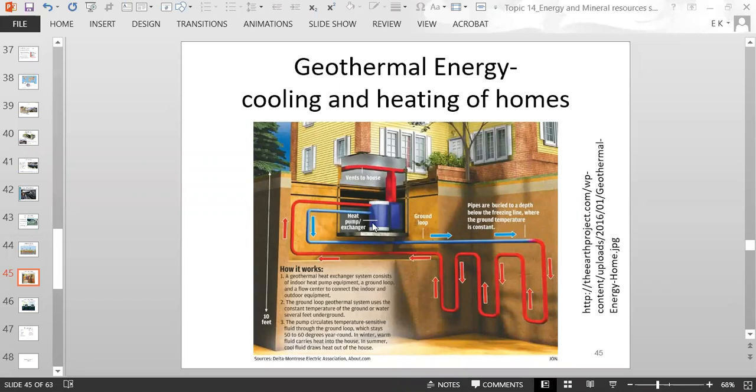And then the heating and cooling system works to either cool the house or heat the house, depending on the season. So it's pretty interesting how this works. And this does not emit fossil fuels. You're only using the heat from underground.